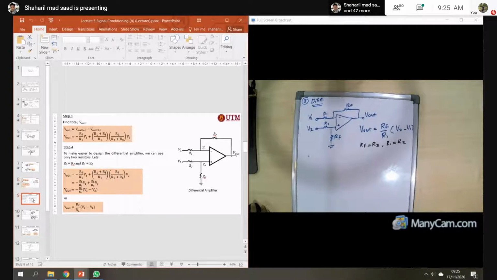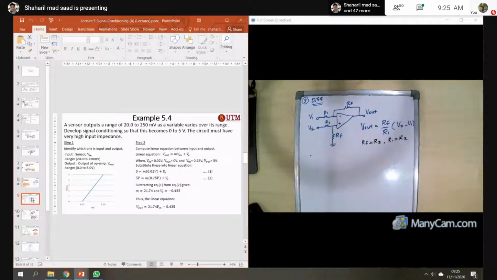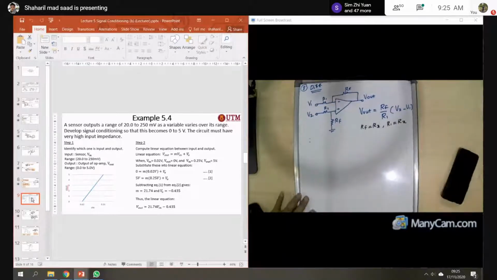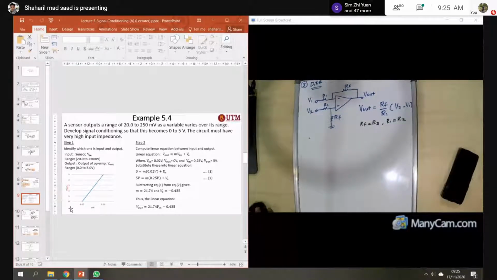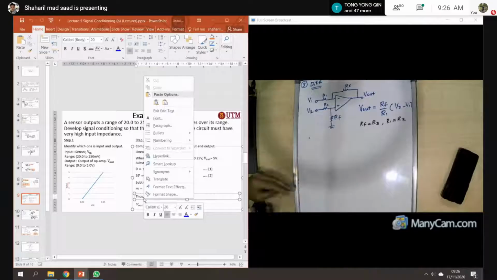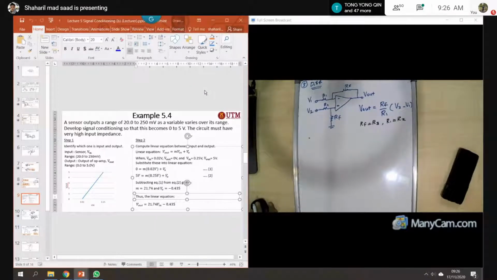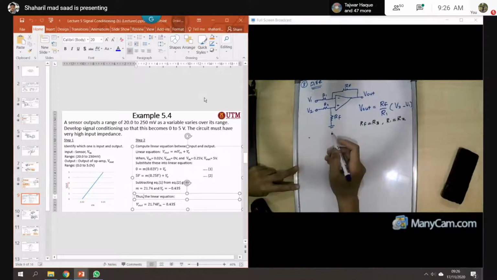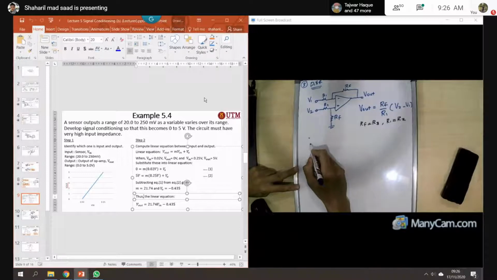Okay, so let's look at example 5.4. A sensor outputs a range of 20 to 250 millivolt as it varies over its range. Develop signal conditioning so that it becomes 0 to 5 volt. So now you have, let's say, the sensor.